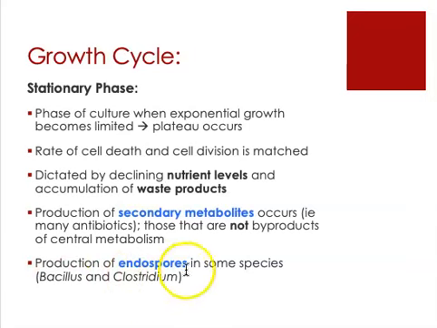The other thing that you'll start to see being produced during the stationary phase is spores, endospores. This is a time that's a little bit stressful, right? Nutrients are starting to run out. Waste products are starting to build up. This is a stressful time for the cells in that culture.